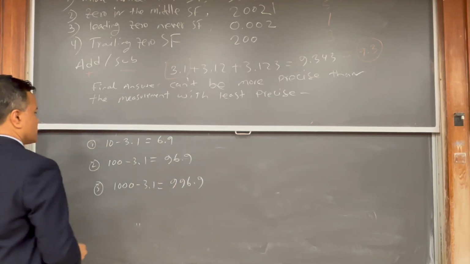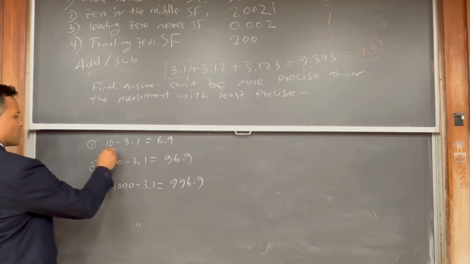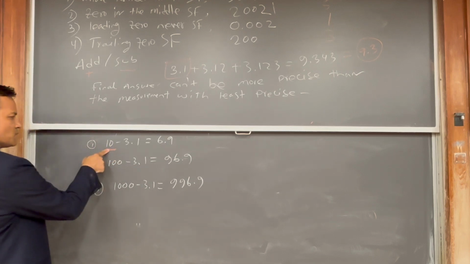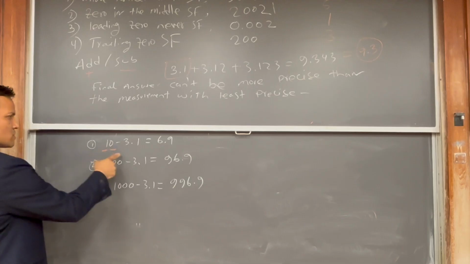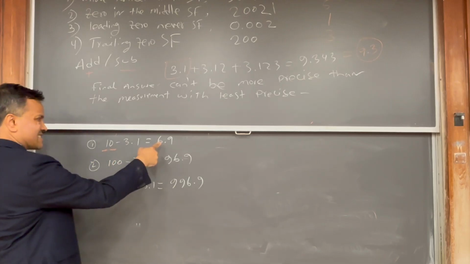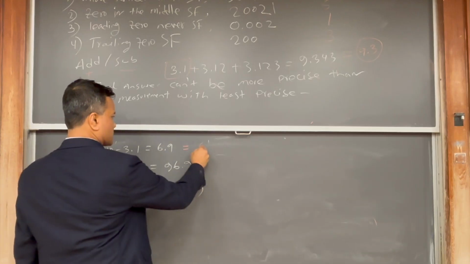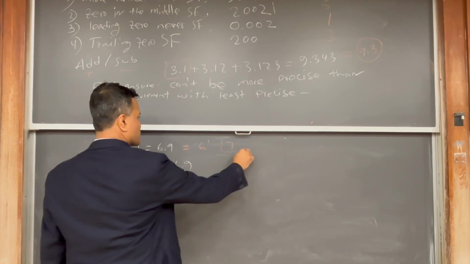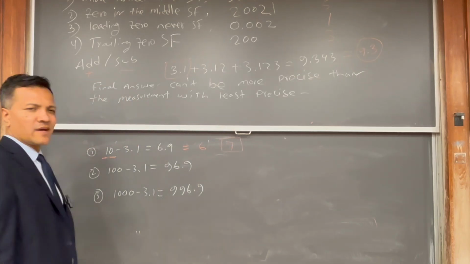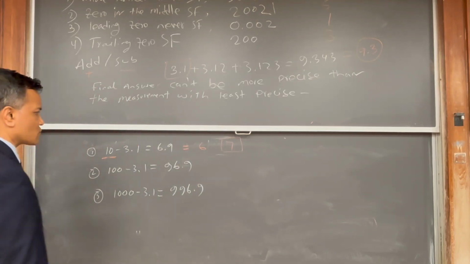Okay, here the least precise one has zero decimals, so the answer cannot have any decimal. So I have two options, 6 or 7. It has to be 7, because 6.9 is closer to 7 than to 6.